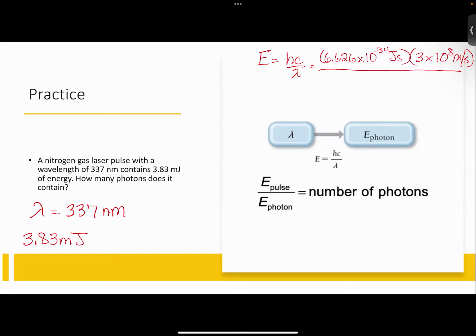All of that is divided by wavelength, which has to be in meters. So therefore it's 3.37 times 10 to the minus 7 meters.